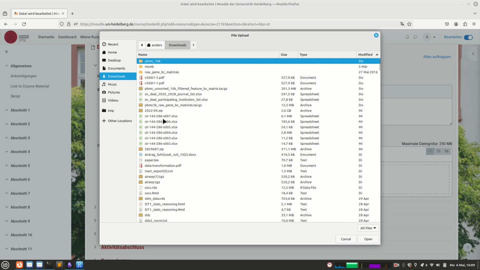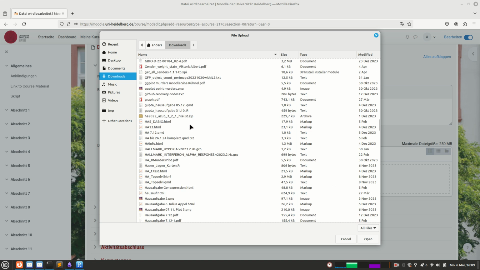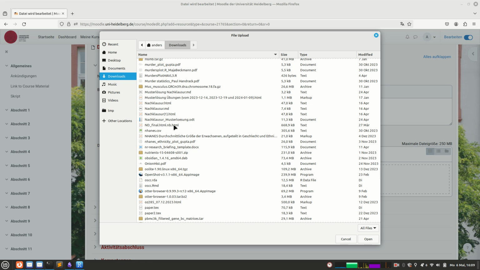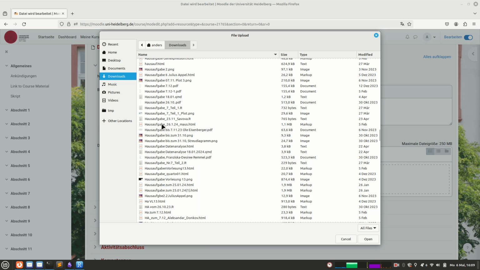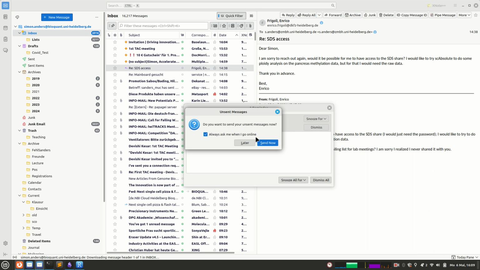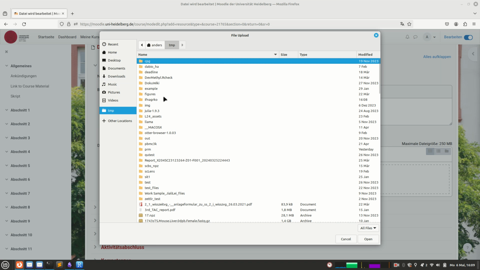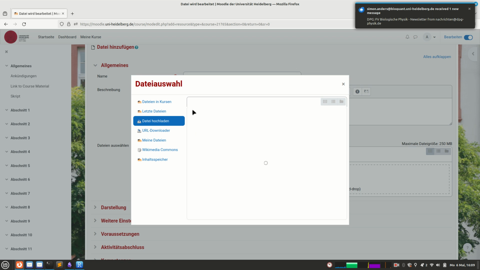The stuff from last week is on this server that broke down, but this is why I copied part over to the new stuff, and I hope I get the server repaired tomorrow or in the next days, and then everything will be more clarified again. Zip. Here we have something.